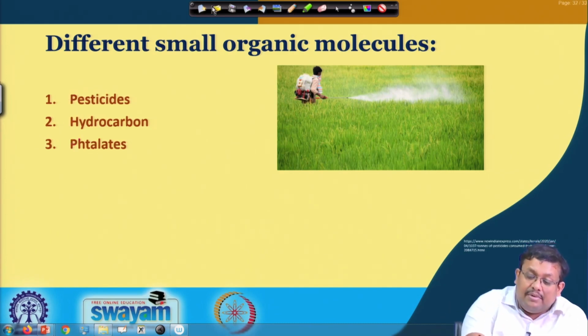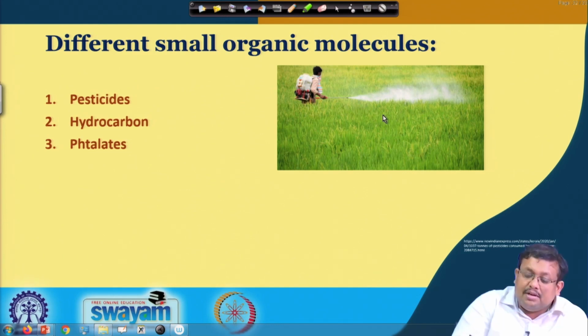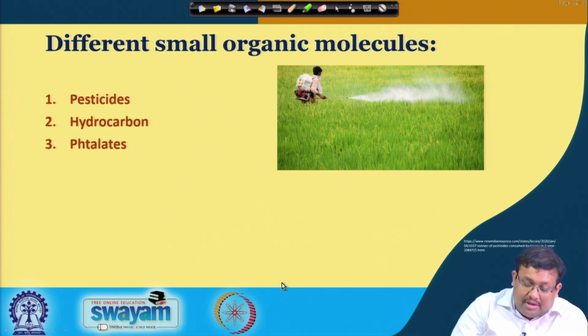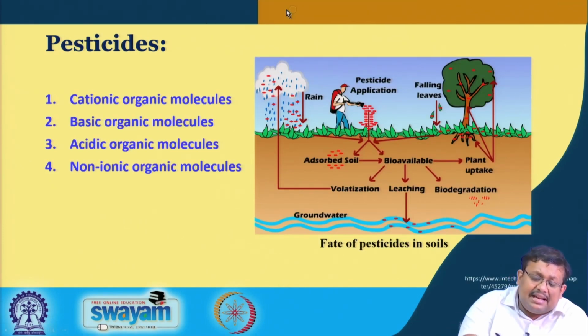As you can see here, this is pesticide spraying in a field, sometimes creating a major source of soil pollution, because these pesticides are very persistent in the soil environment. Now, pesticides can again be classified into four major types.